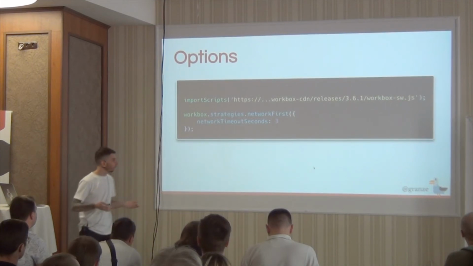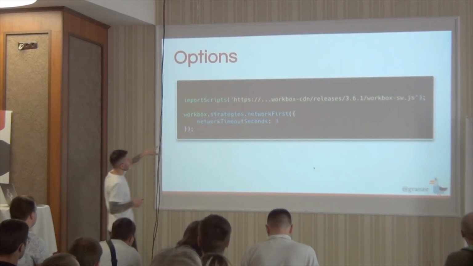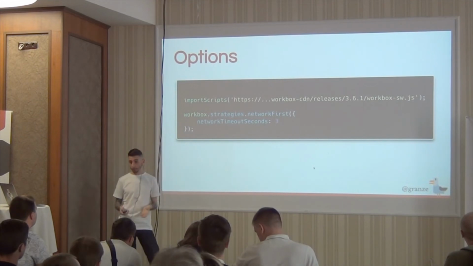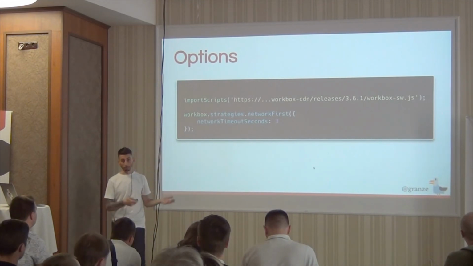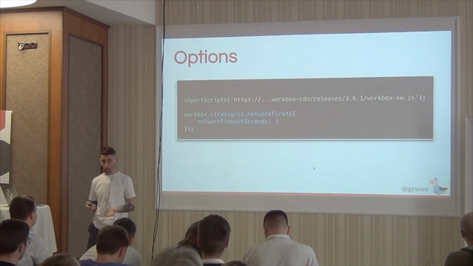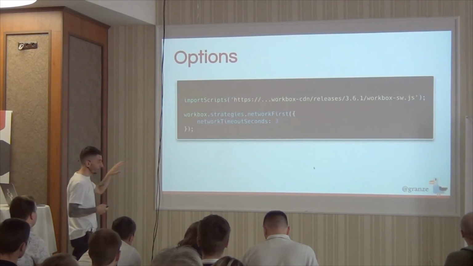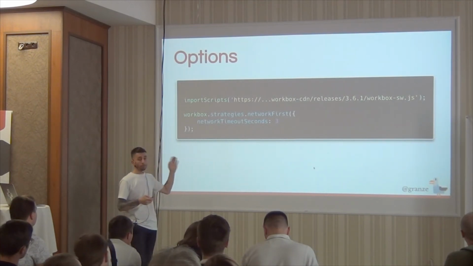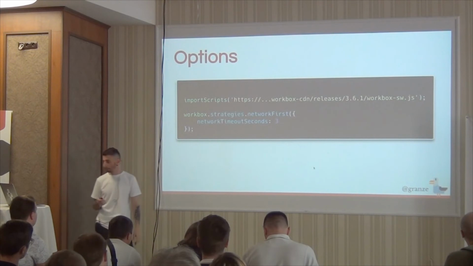Who knows? But I can specify how many seconds I want to wait before giving the user the files from the cache. Just in one line. This is really, really handy. And also, this is not a thing you want to implement by yourself every time.